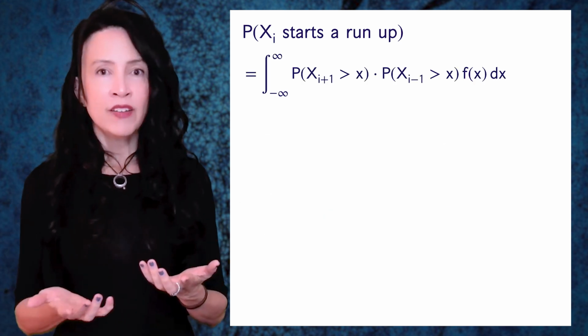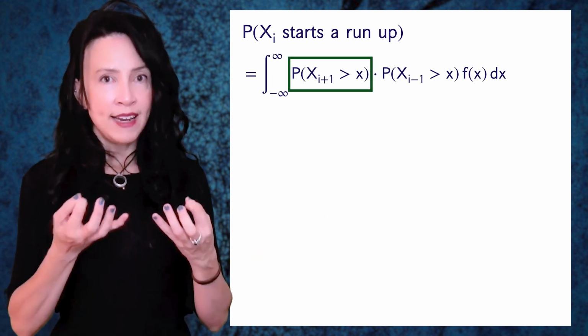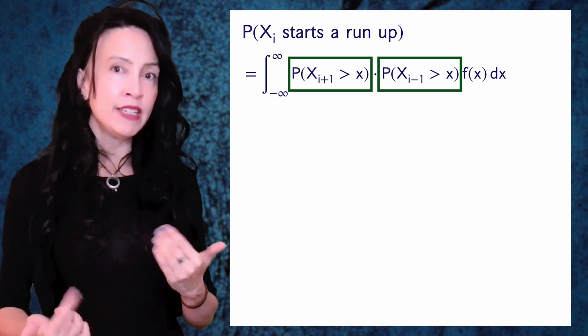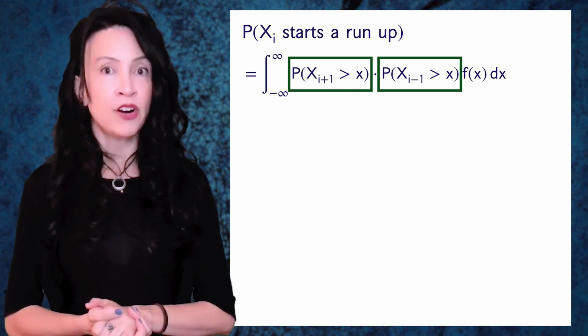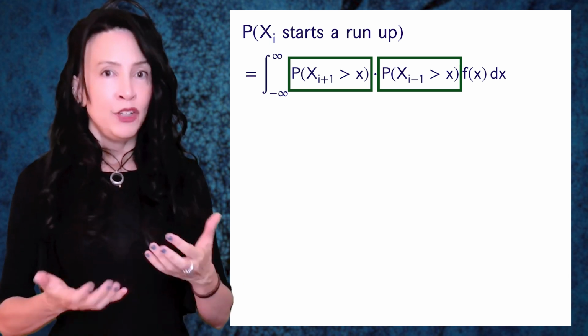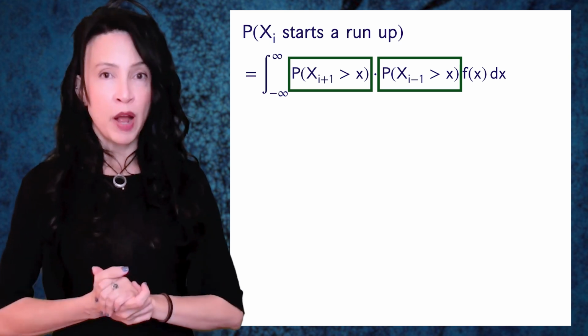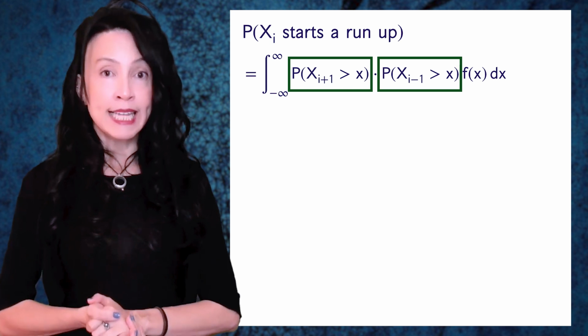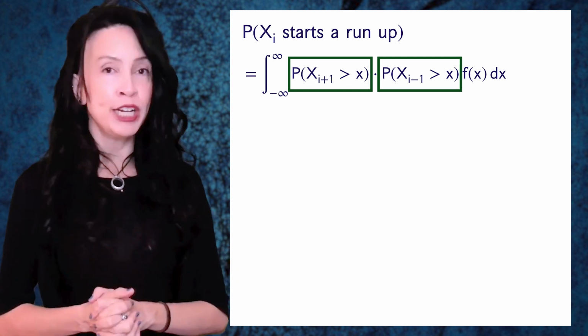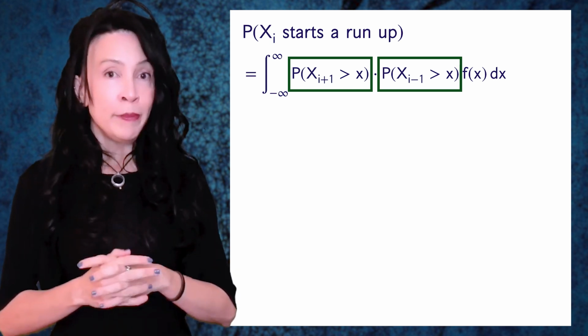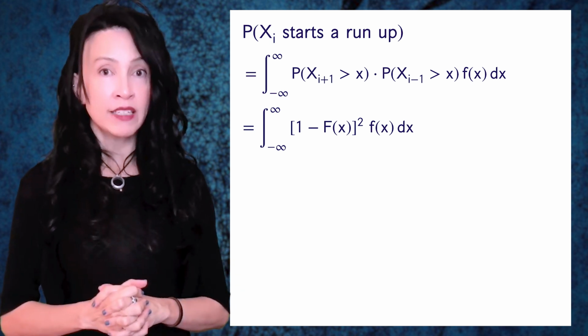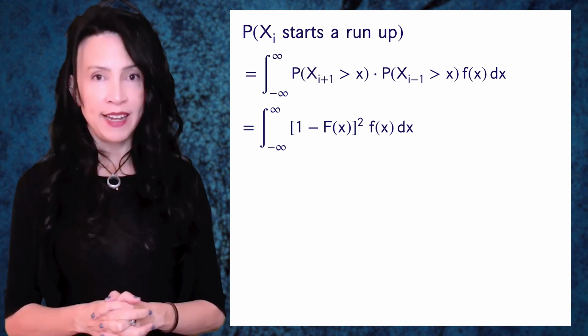Here I have a probability that an x is greater than a little x, and these have the same distribution, so these probabilities are identical. You might recognize this as the CDF flipped around: 1 minus the probability that x sub i plus 1 is less than or equal to x. Same thing over here. So this is 1 minus the CDF, capital F of x, quantity squared, times the PDF.